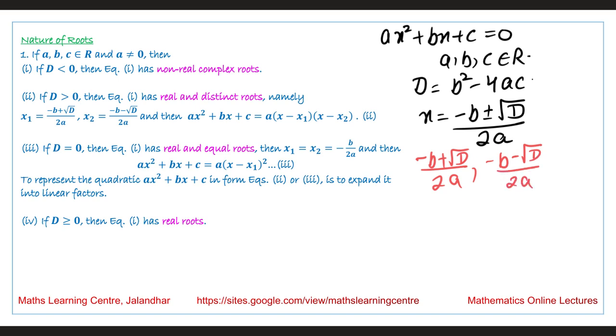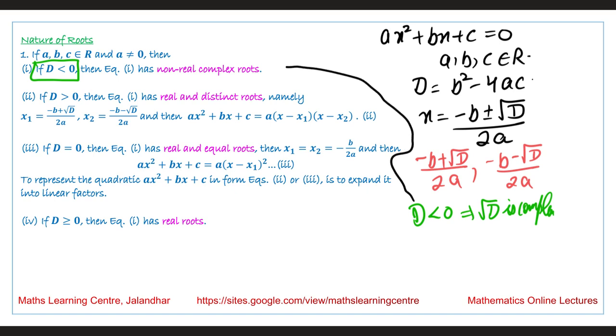Now we have different conditions. First, if d is less than 0, then this implies that square root d is complex. So the roots of this equation will be complex roots, non-real roots.